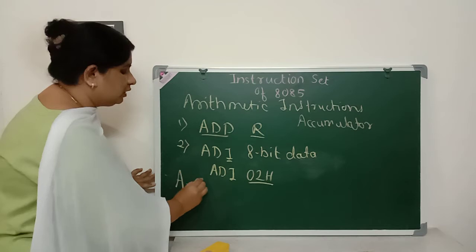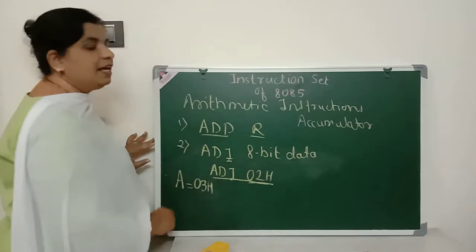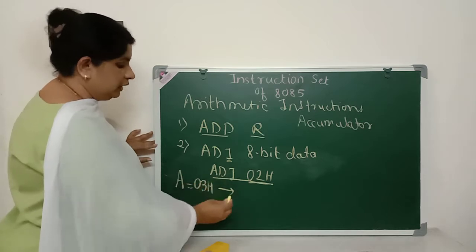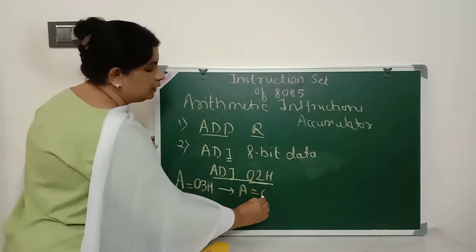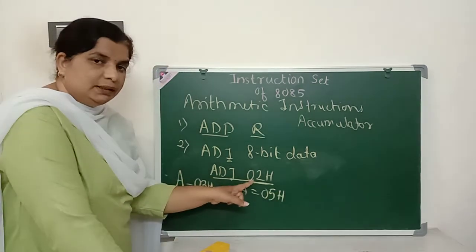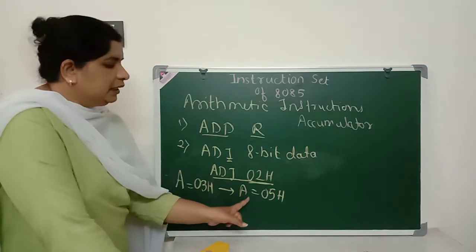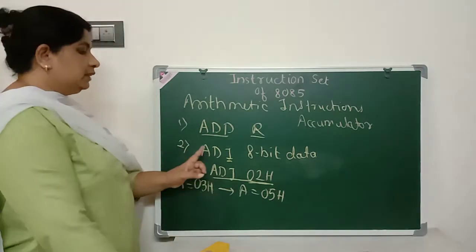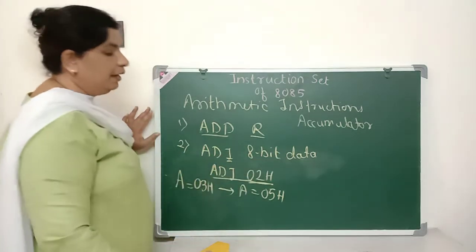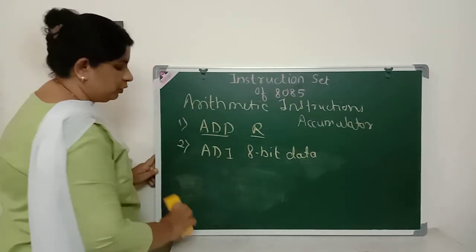So suppose the accumulator consists of 03H, then after the execution of ADI 02, the accumulator will be modified to 02 plus 03, that is A will now become 05H. Because the immediate number 02 is added with the original contents of accumulator, that is 03, and we get the total result 05. So this is the second standard format. The first standard format is ADD R. The second standard format is ADI 8-bit data.